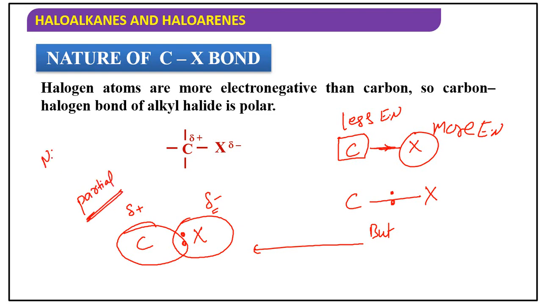In case of NaCl, Na plus Cl minus, one electron is completely shifted from sodium to chlorine, but here the electron is only partially shifted; the bond is there and it is still sharing. The bond pair is towards the more electronegative atom. So the conclusion is that a polar bond is present.